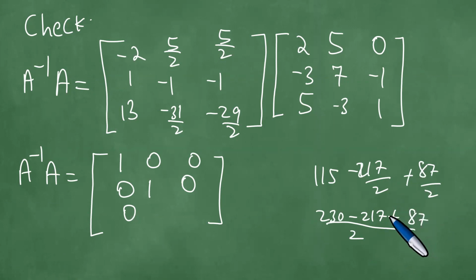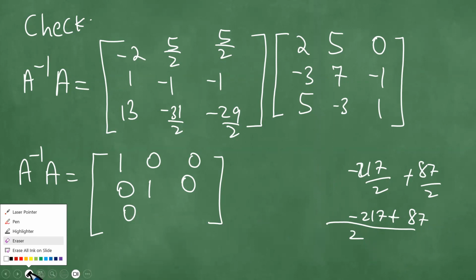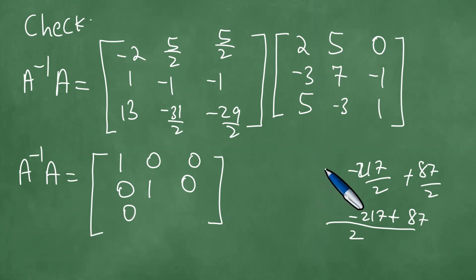Yes, and the first one must be 13 times 5, which must be 65, not 115. Definitely. So it just became too large. Yeah, I'm happy that you are wide awake. That's actually 65, which makes it 130 there at the bottom. Yes. Okay, so it must work out now. 130, and then it's minus 217 and 87. Yes, it's supposed to work out.